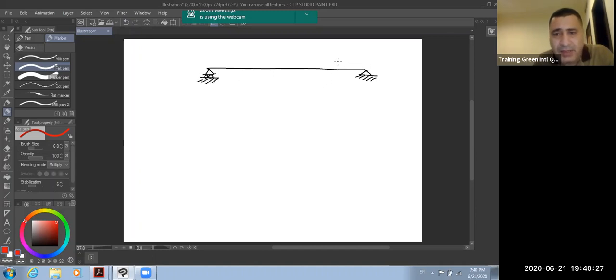This is a beam, and this beam has a block, second block, third block, and you have a block of concrete resting on the beam like that, exactly.